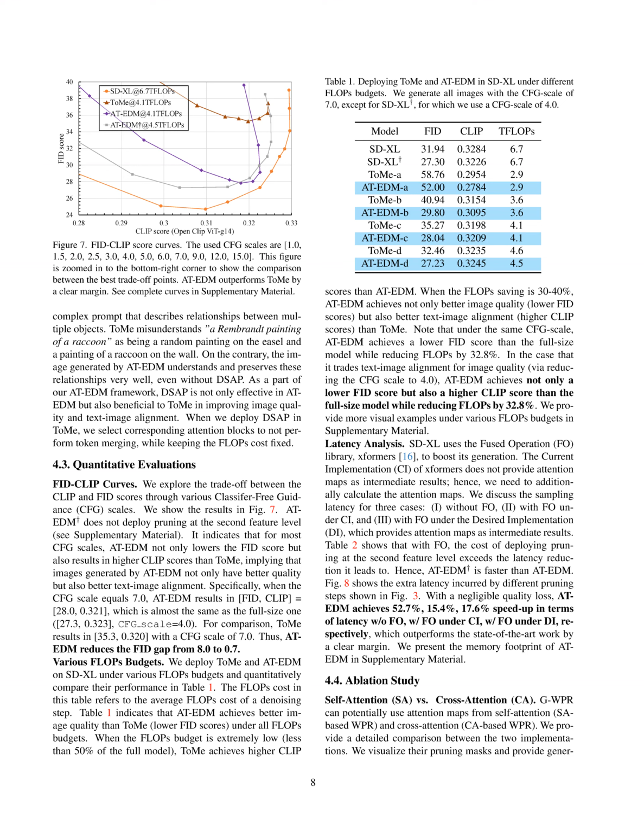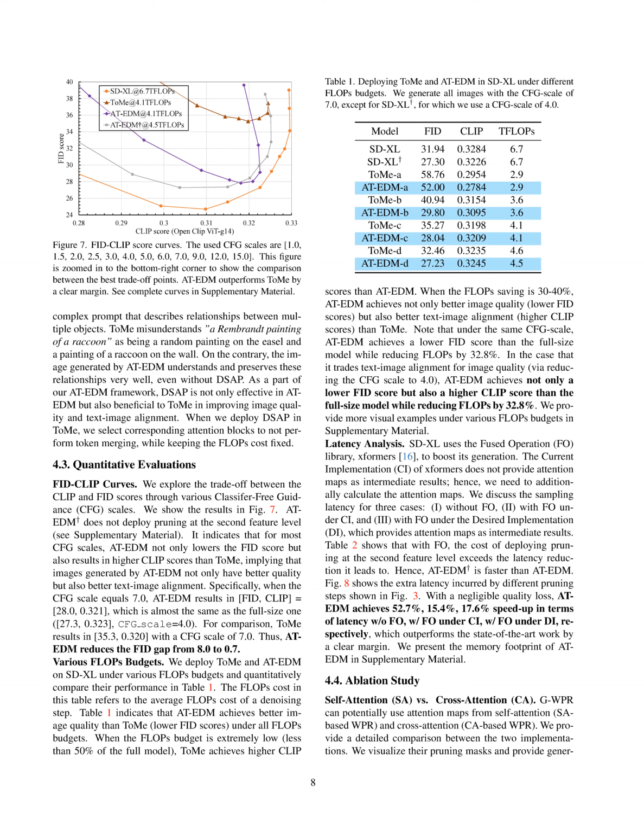Specifically, when the flops budget was extremely low, less than 50% of the full model, TOM achieved higher clip scores than AT-EDM. However, when the flops saving was in the range of 30 to 40%, AT-EDM not only achieved better image quality with lower FID scores, but also demonstrated superior text-image alignment with higher clip scores compared to TOM.